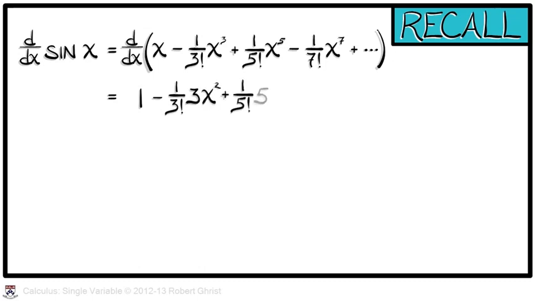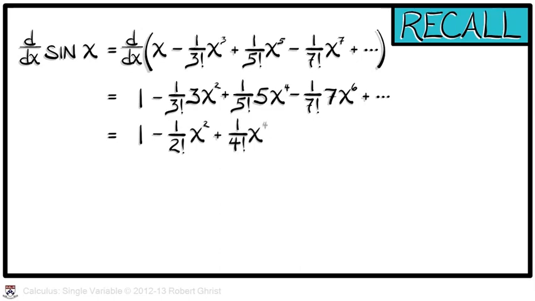The derivative of x is 1. The derivative of x cubed is 3x squared. We must divide this by 3 factorial. The derivative of x to the fifth and x to the seventh follow the familiar pattern. With a little bit of cancellation of the coefficients, what do we see?